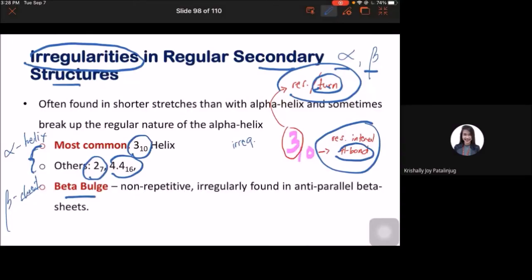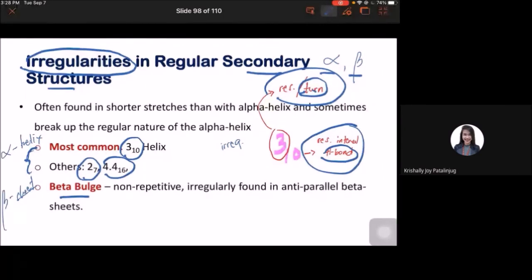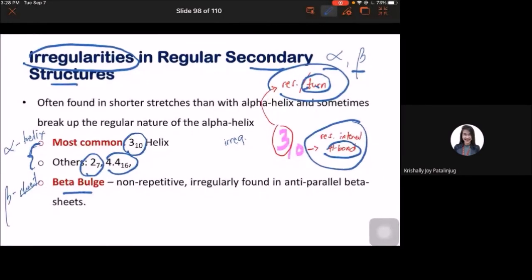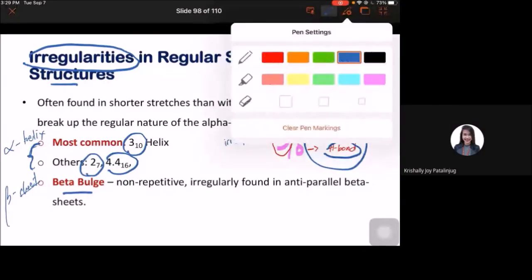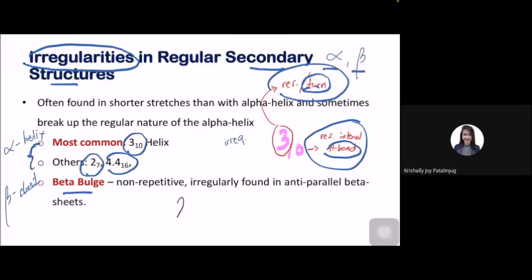So, overall, we are done with the secondary structures, the alpha and beta helices. So, bago natin i-next slide, recall muna natin. Sa buong secondary structures, na-discuss natin yung types, alpha and beta.